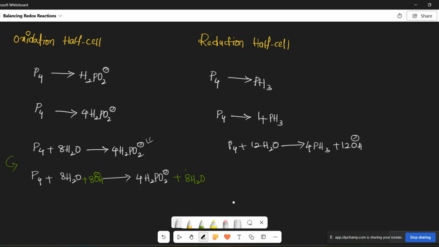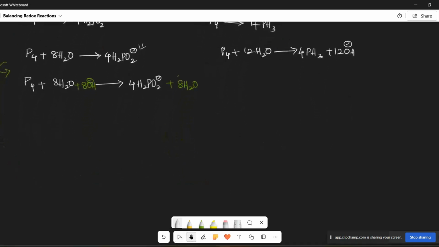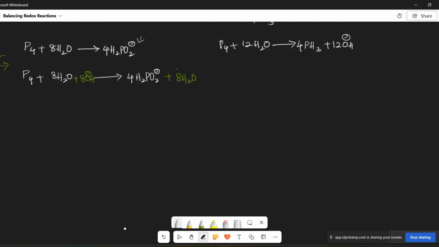So now it's fine, right? And then after that we need to balance charges. What is the charge over here? Here it is -8, and this side -4. So how can we make this -4 into -8? By adding 4 electrons. Electron is a negative species, right?